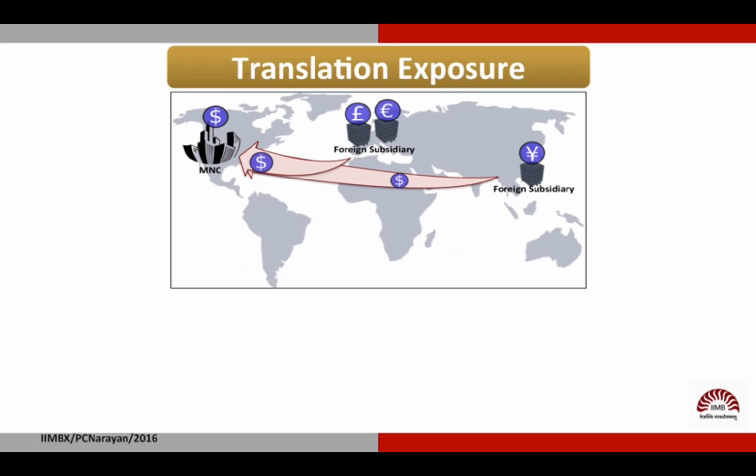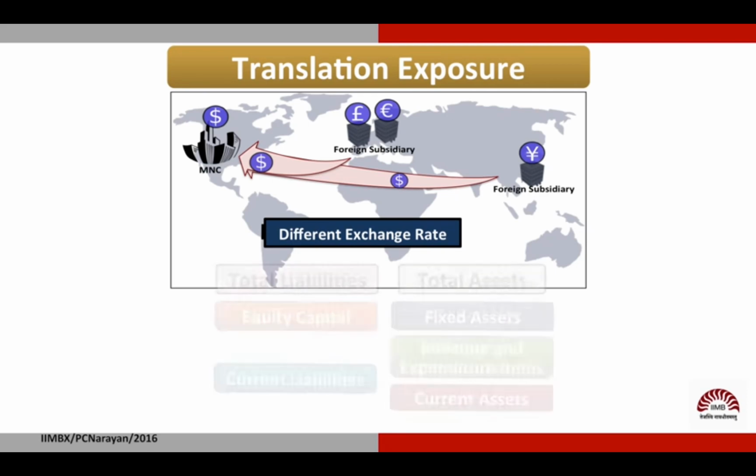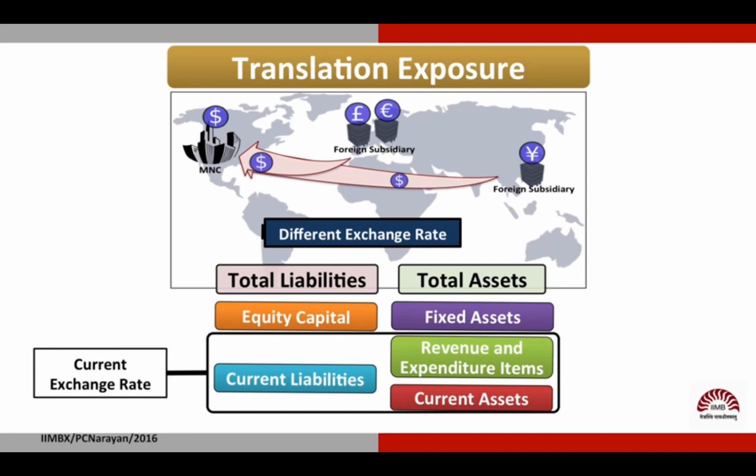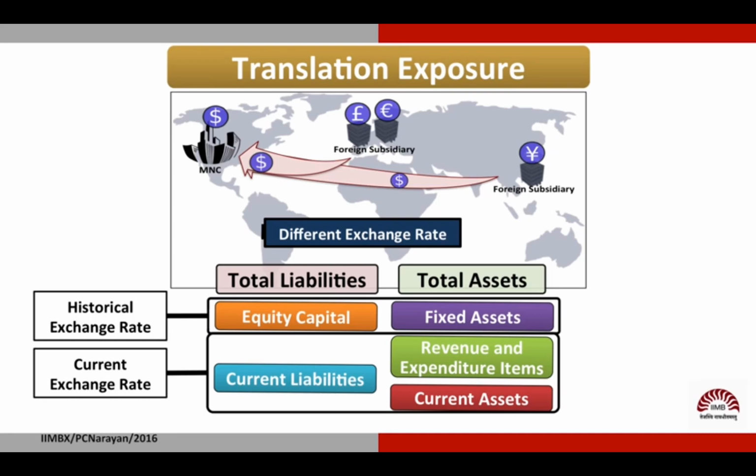However, there is a strong business case to use different exchange rates for different line items. For example, it seems logical to use current exchange rates when translating current assets and current liabilities, revenue and expenditure, and historical exchange rates for line items such as equity capital, fixed assets, and so on.